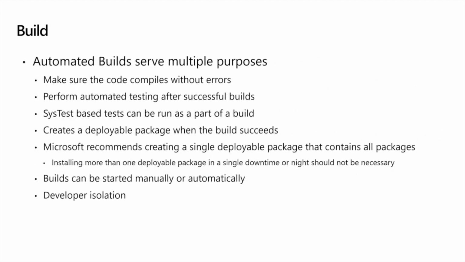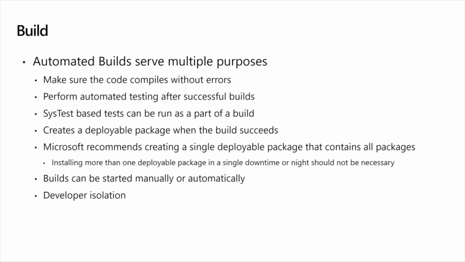An automated build serves a few purposes. It makes sure that the code compiles without errors in the dev branch, and it also performs automated testing such as unit tests and sys tests after a build. It creates a deployable package which is suitable for sandbox and production runtime environments.